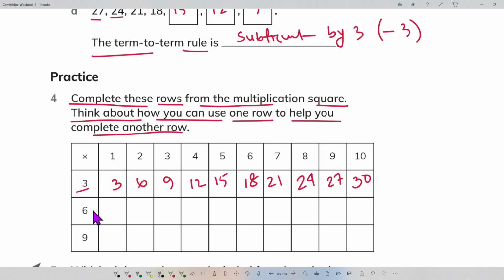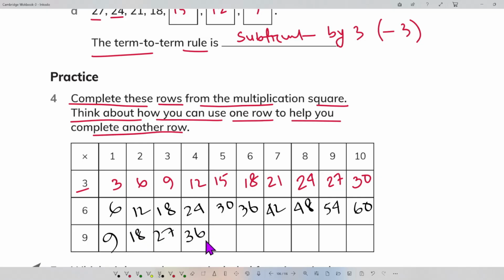Same thing, 6 times table: 6, 12, 18, 24, 30, 36, 42, 48, 54, and finally 60. 9 times table: 9, 18, 27, 36, 45, 54, 63, 72, 81, and finally 90. So this is the table of 3, 6, and 9.